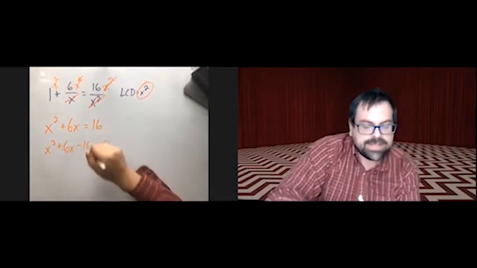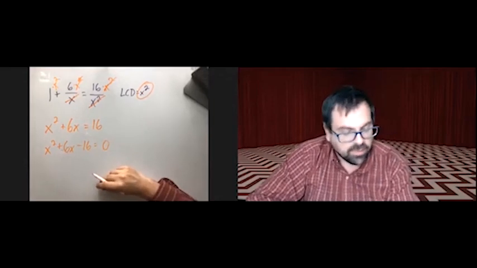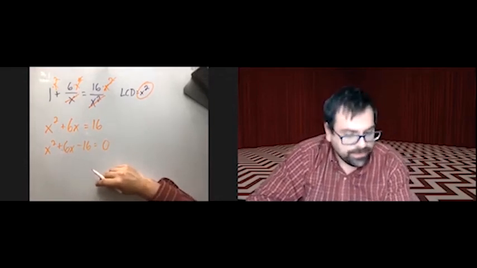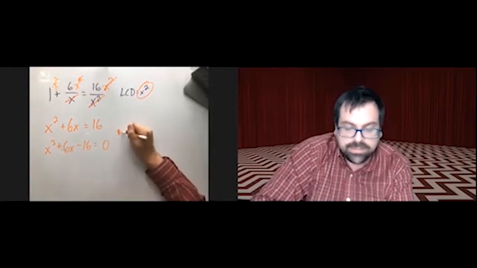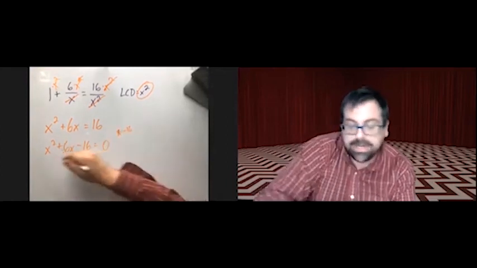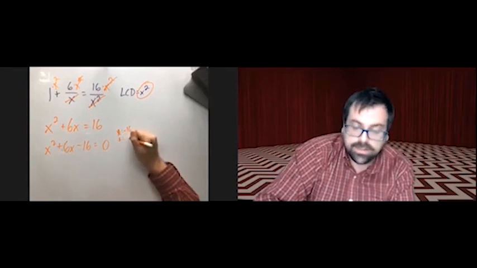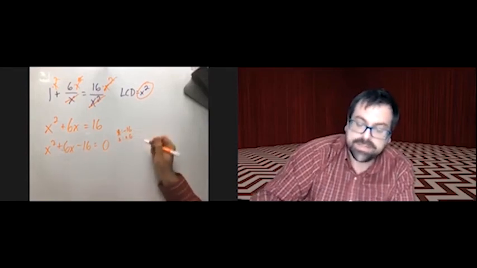So subtract the 16 to get everything on one side, 0 on the other. We need numbers that multiply to negative 16 and add to positive 6.